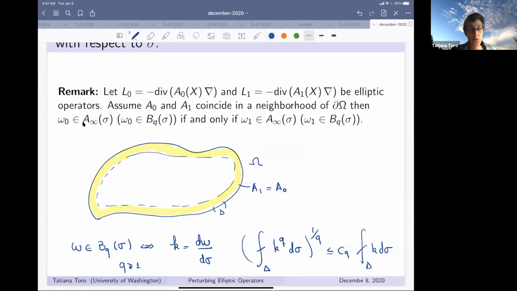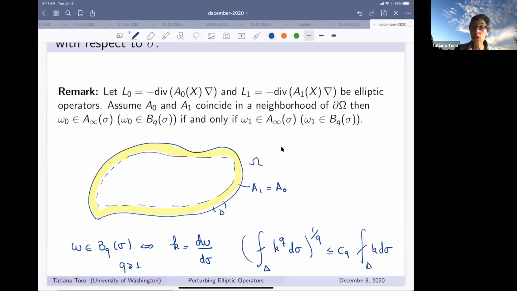So this is a reverse Holder inequality, and it lies in the area of harmonic analysis. This is a Muckenhoupt weight. If you are in A infinity, it means that you belong to some B_q, and A infinity is the union of all the B_q's. This reverse Holder means something about how nice k is.